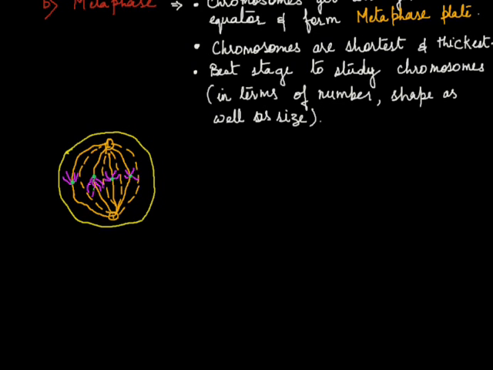So we can see in this diagram that the chromosomes are arranged in the center of the cell to form the equator or metaphase plate. This is called the metaphase.